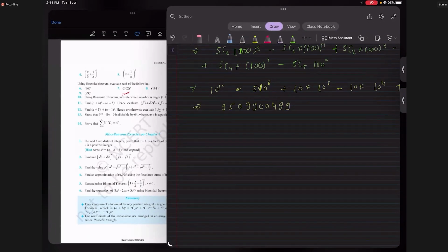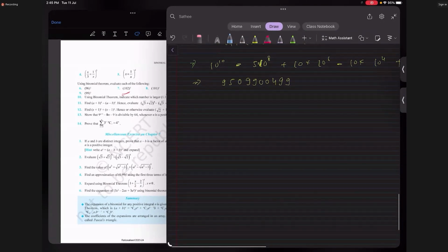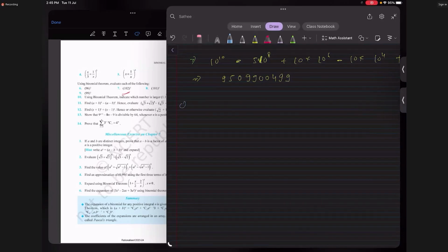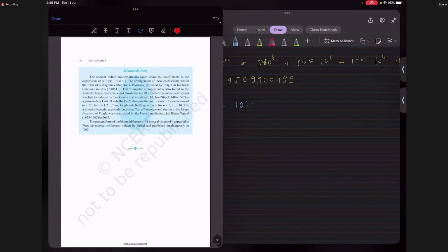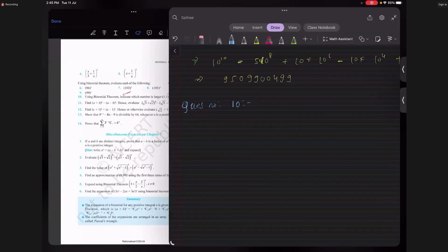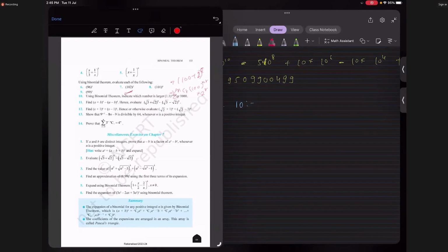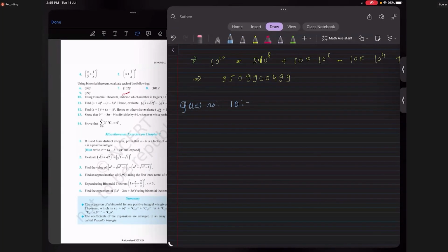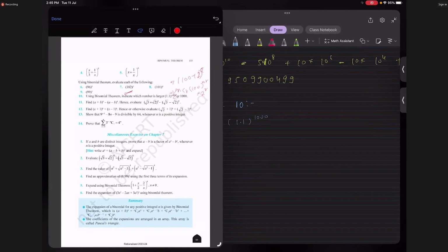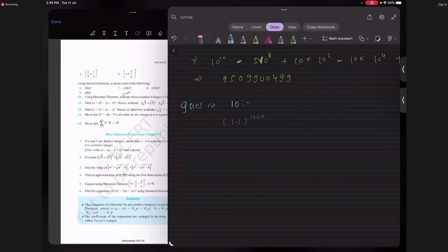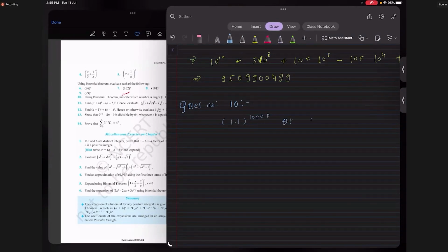So after this, if we try question number 10, in this part you are asked which one is greater: 1.1 to the power 10,000 or 1000.